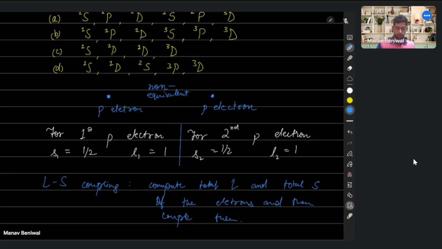Okay, so first compute the total L, which will be L1 plus L2, and total S, which will be S1 plus S2, and then we couple them.